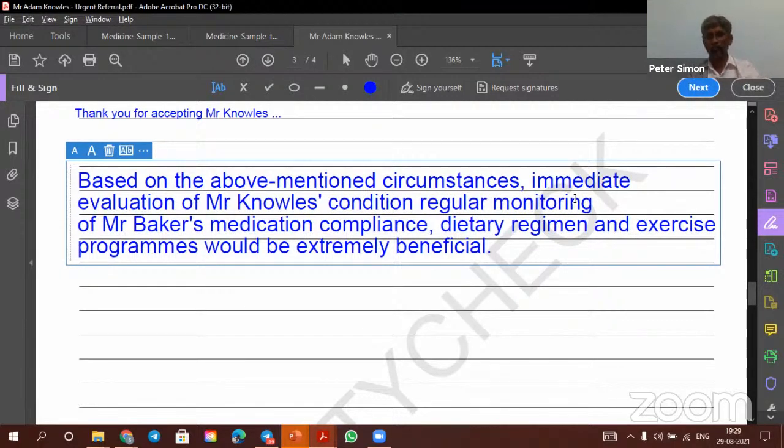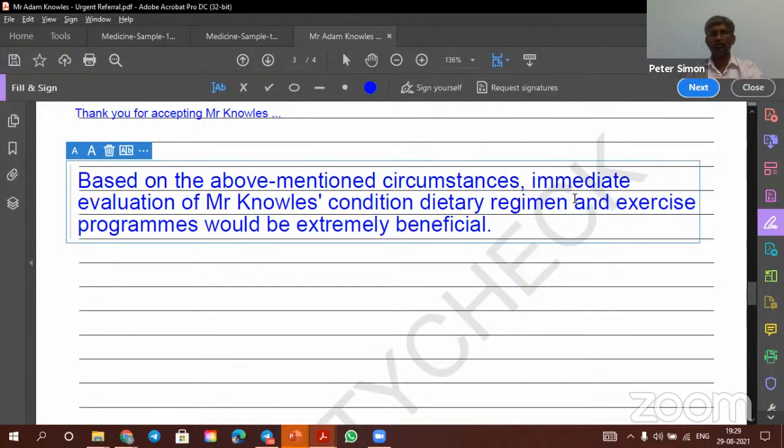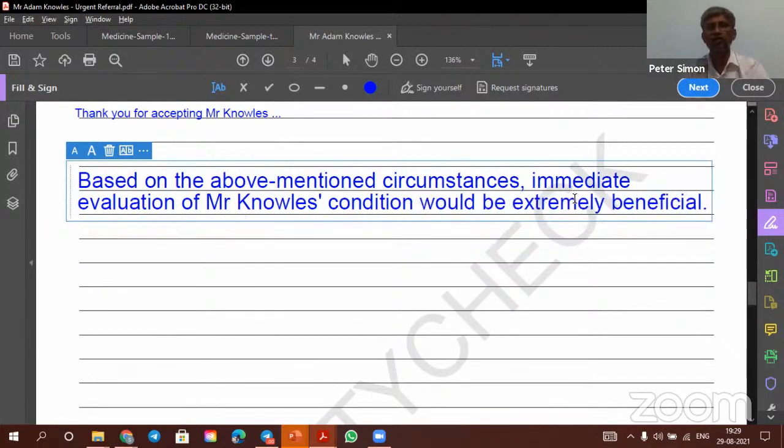Okay. So regular monitoring, remove this one. Finished. So based on the above mentioned circumstances, immediate evaluation of Mr. Knowles' condition would be extremely beneficial.